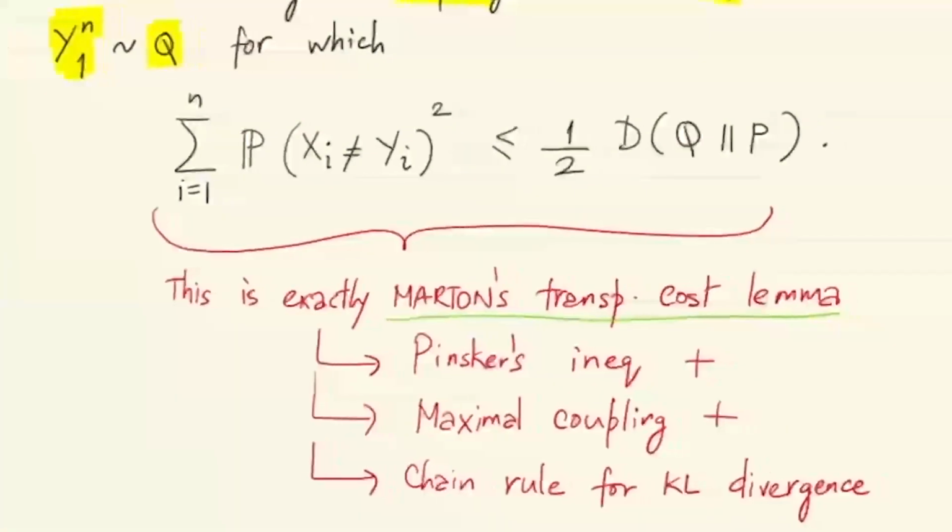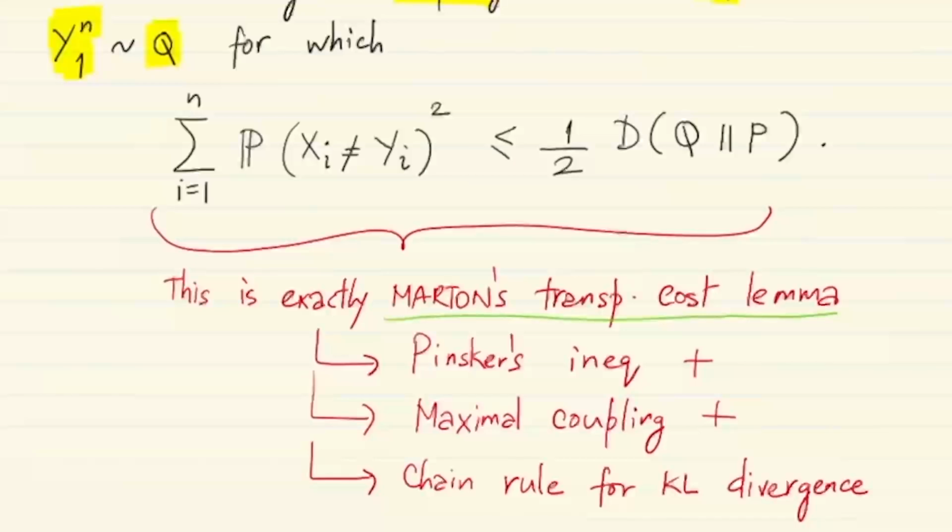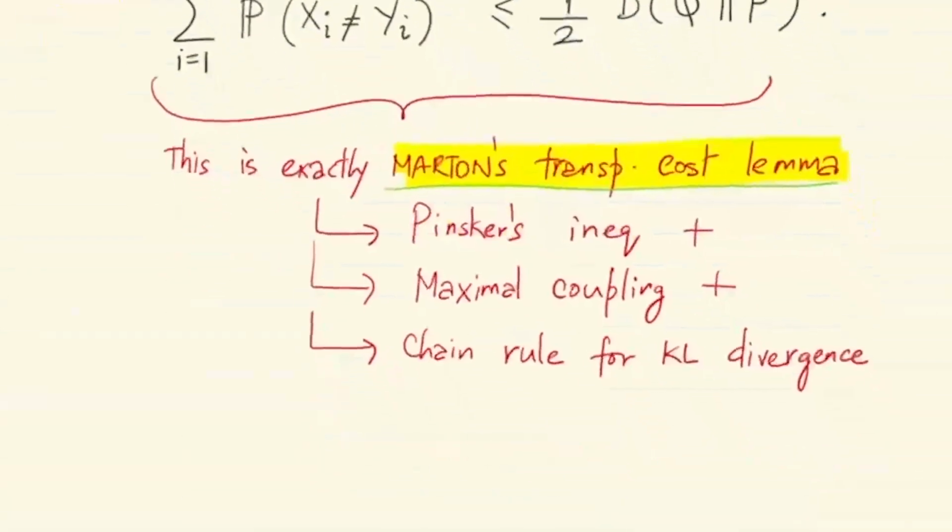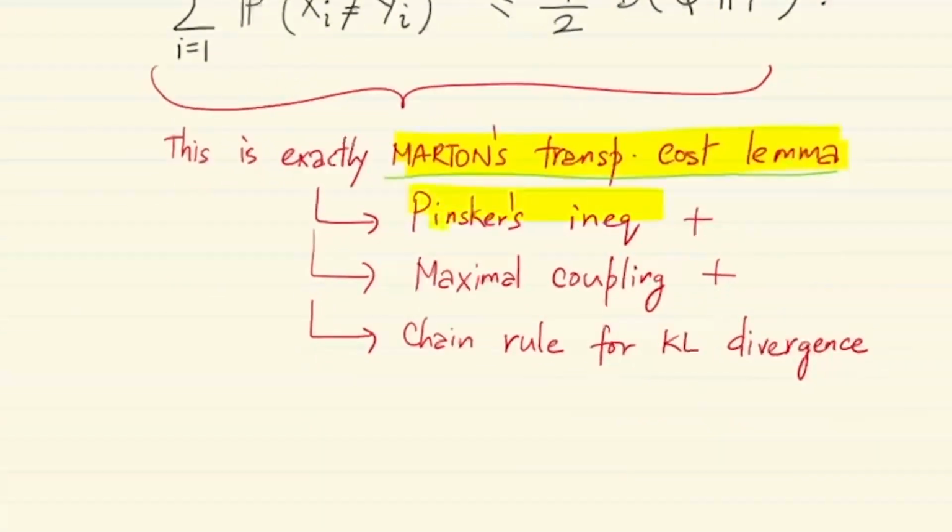And this is basically like an optimal transportation cost inequality, which is exactly the content of Marton's transportation cost lemma that we proved earlier. The ingredients in showing this result were basically Pinsker's inequality, which helped us deal with the n equal to 1 case.